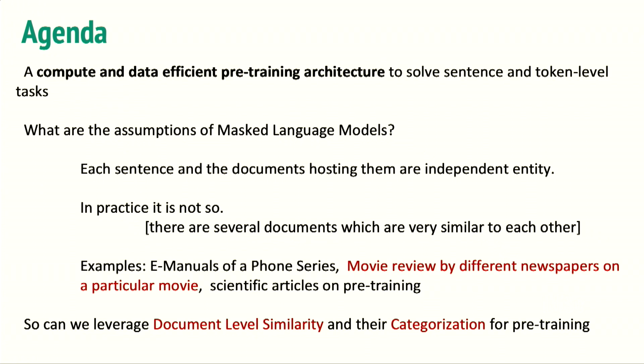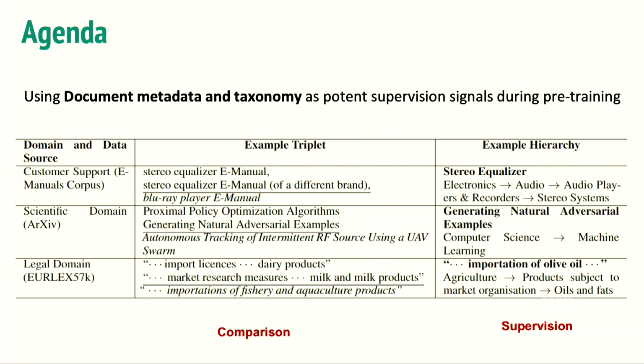Now let us see this example. Say customer support e-manual. You have a stereo equalizer e-manual, of a different brand, and a Blu-ray player e-manual as this triplet. This is called triplet loss in machine learning. So you are thinking triplets.